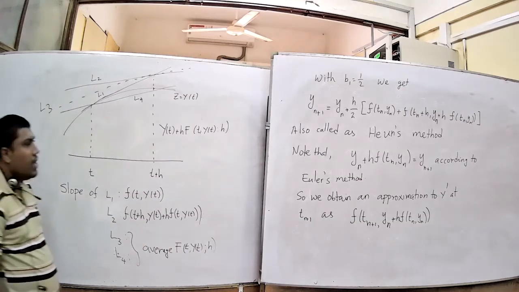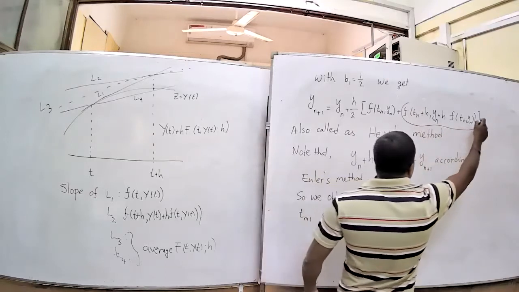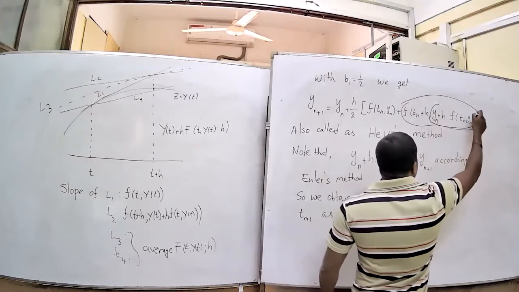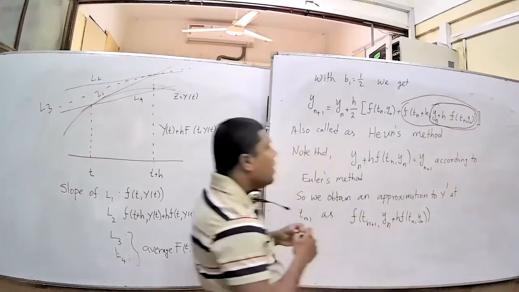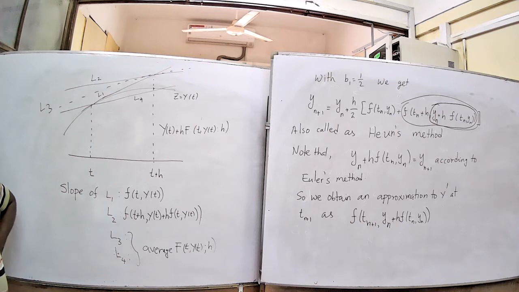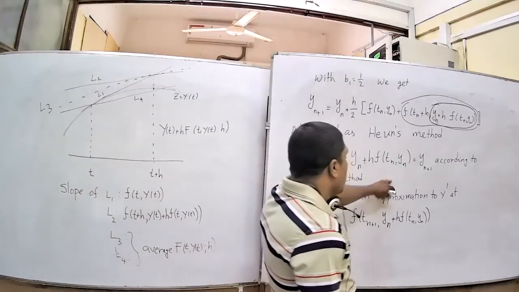You can see that in this method, in this term, particularly this part is y n plus h times f of t n comma y n. Obviously this is the right hand side of Euler's method. The explicit Euler's method gives you y n plus 1 if you evaluate that. That is what I wrote here. So that is Euler's method.